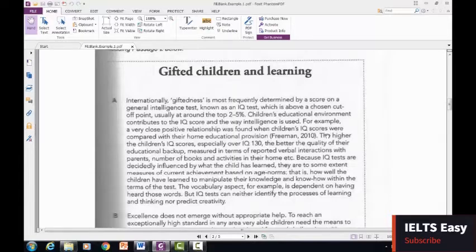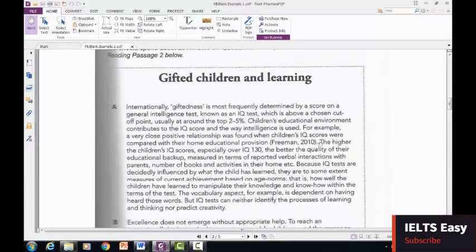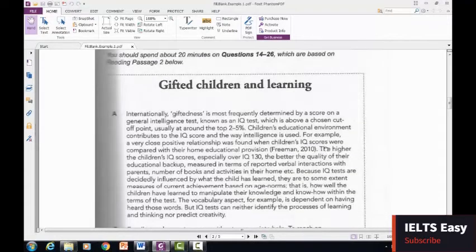This sentence would be our keyword sentence, because it is dealing with children's IQ scores. Here we have our keywords right together, children's IQ. And this is exactly how it appears in the question, with children's IQ. So this is our keyword sentence.